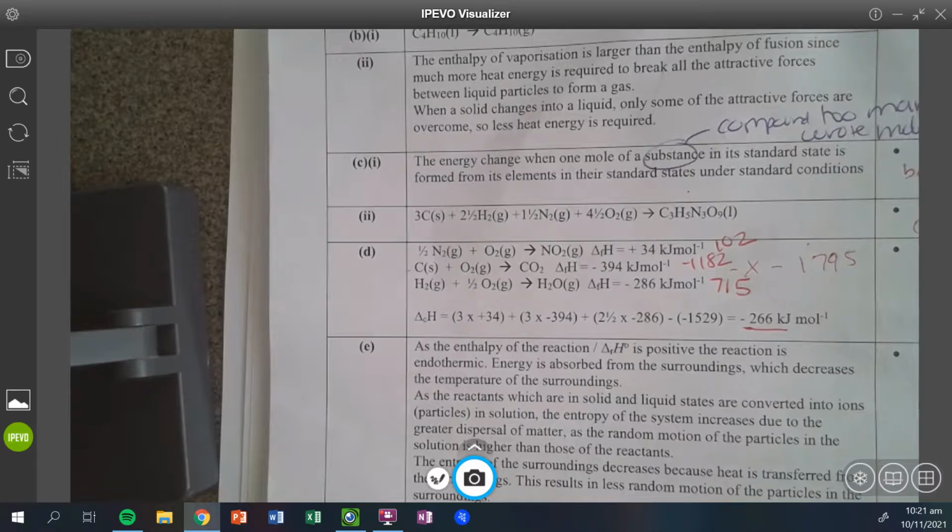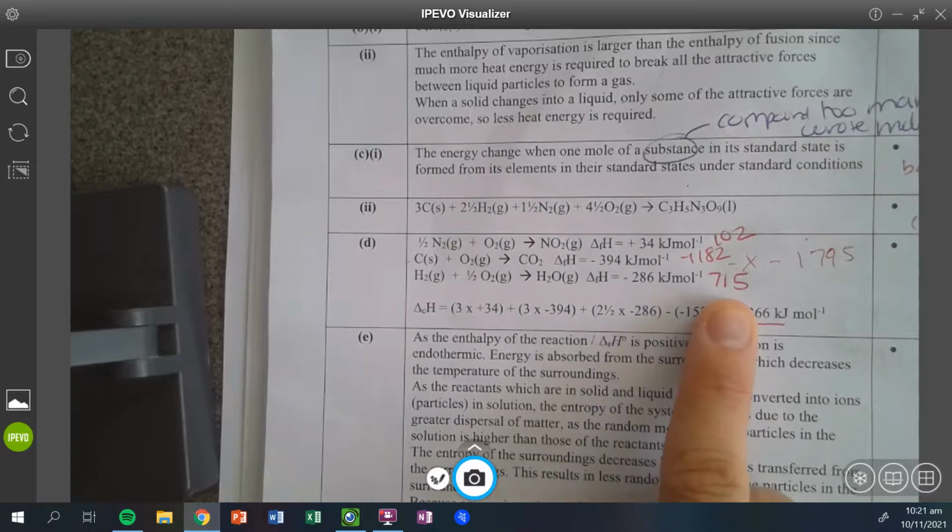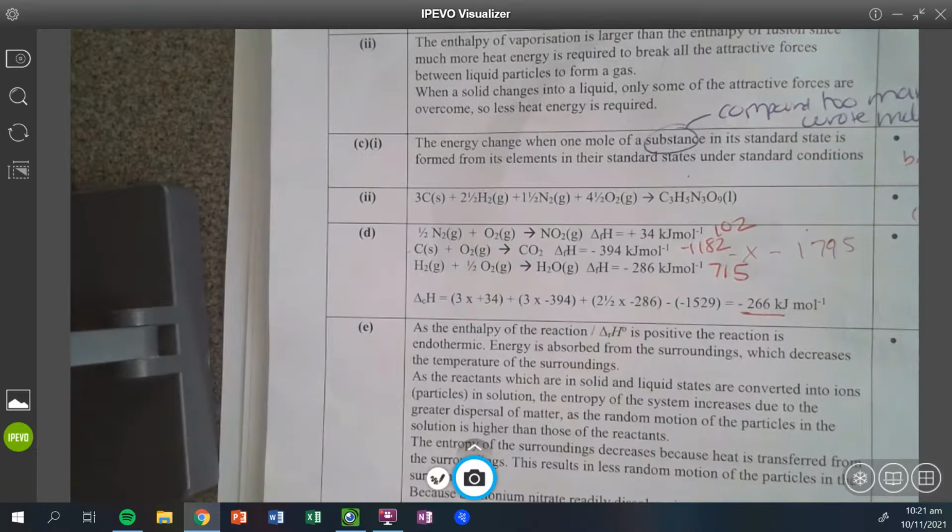When you times minus 286 by 2.5, what value did you use? You should get 715. If I can find my phone, I can do the math and double check it.